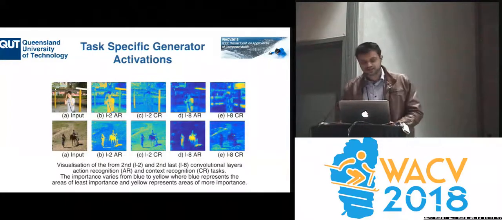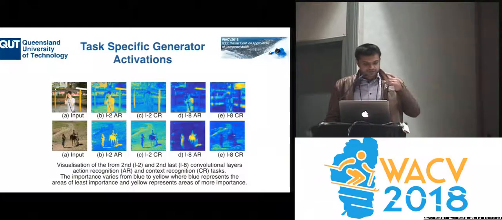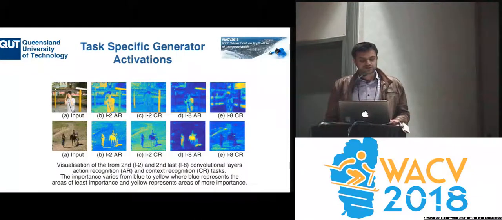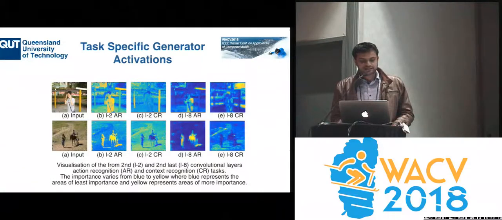And here we have the task-specific activations for the two tasks in Pascal VOCA, which are action recognition and context recognition. The activations are taken from the second and the 8th convolution layers of our model.